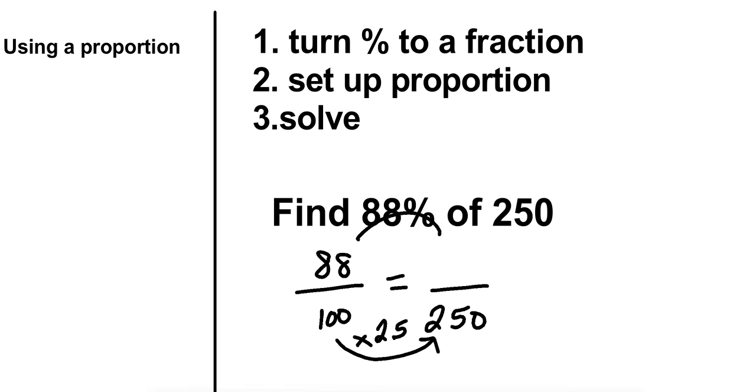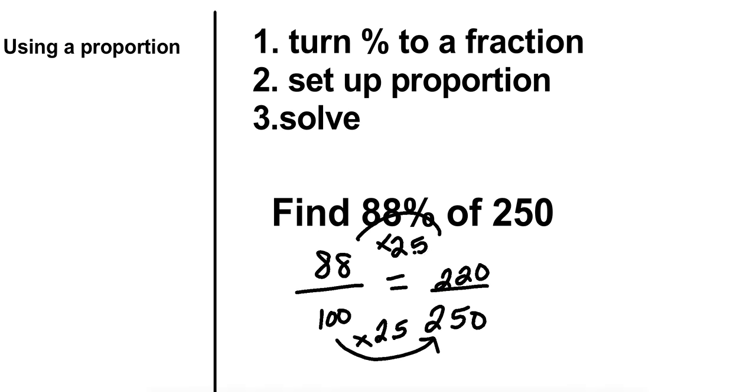So we need to multiply the top by 2.5, and we get 220. So our answer right now is 220. If you want to think of money, 88% of the whole $250 is $220 you're saving. So whatever this was would have cost like $30.